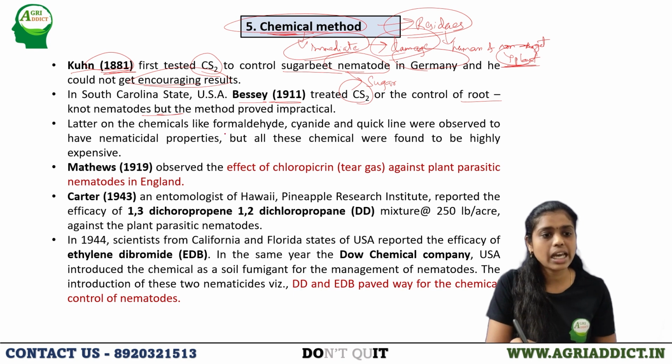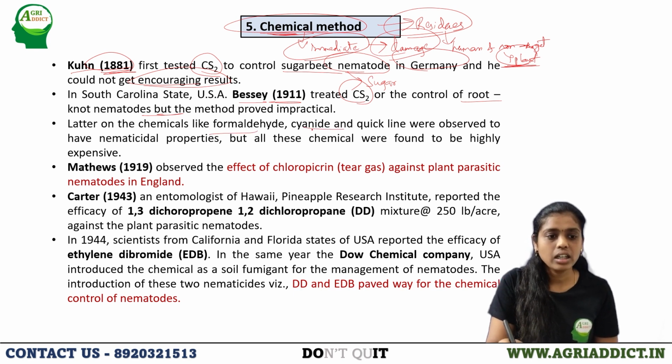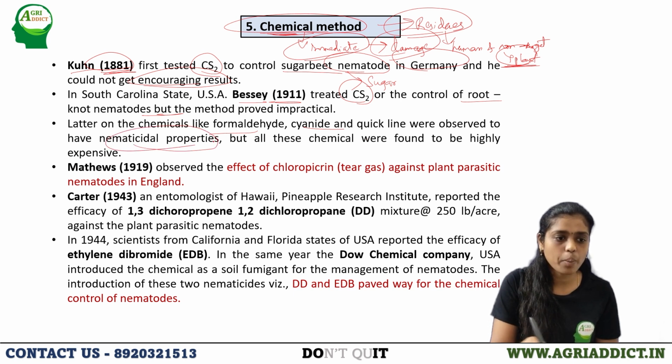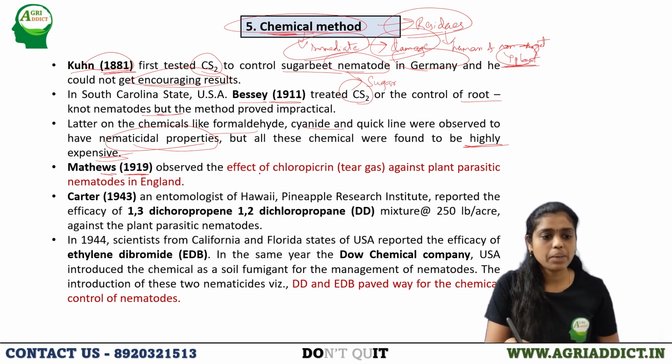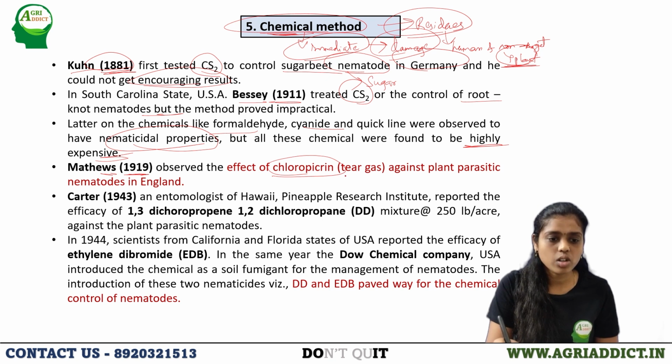Later, chemicals like formaldehyde and cyanide were observed to have some nematicidal properties, but these chemicals were very costly in nature as they are highly expensive. In the year 1919, Matthews used the chemical chloropicrin, which is also called tear gas, against plant parasitic nematodes in England.